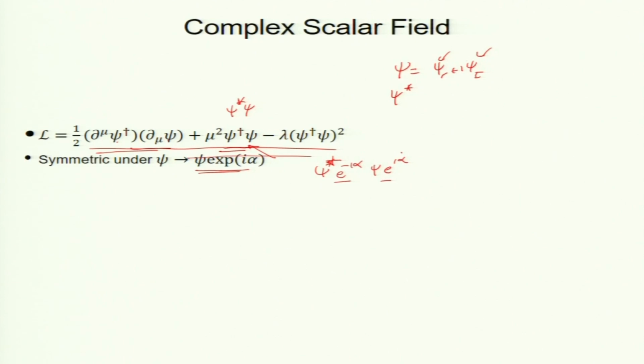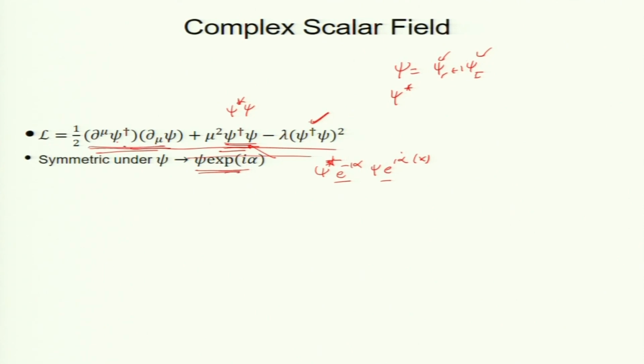Alpha is a function of x, but it is a single object function, not a matrix. They will cancel, and similarly here also, this is symmetric under this transformation, then this also will be symmetric.